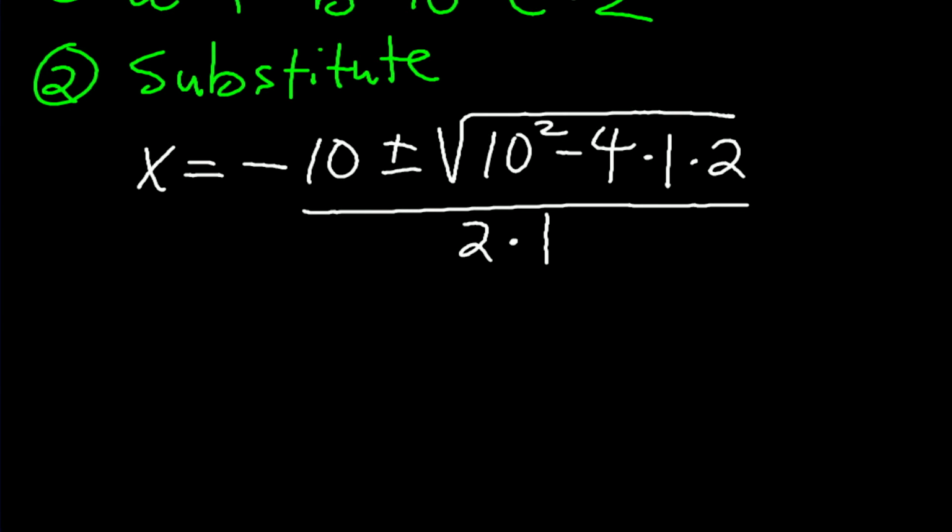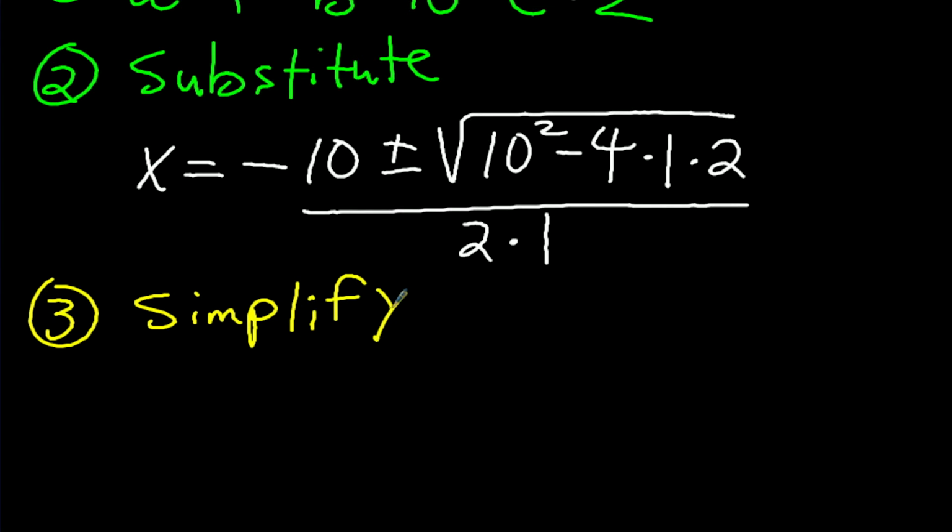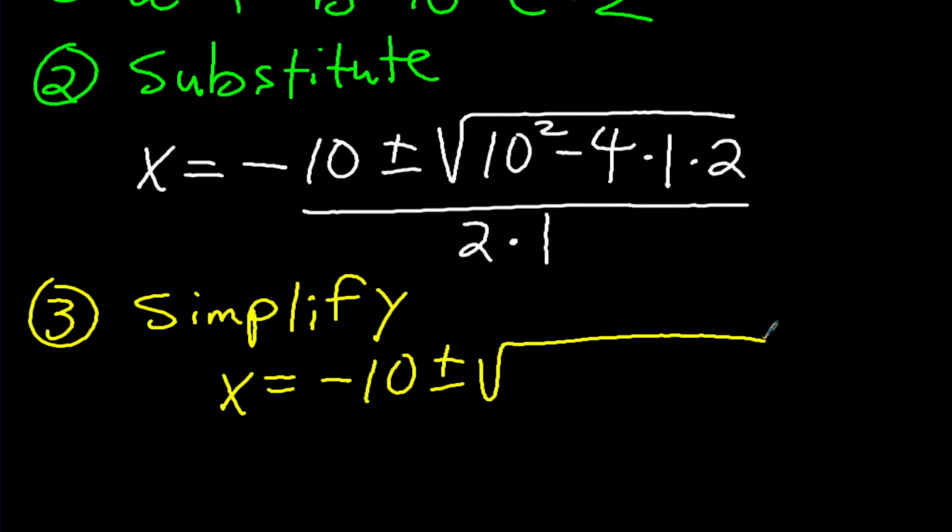Once we've substituted in correctly, step 3, we want to simplify. That means we want to reduce everything as much as possible. So we're going to have x equals negative 10 plus or minus the square root, and then we take the 10 squared, which is 100.